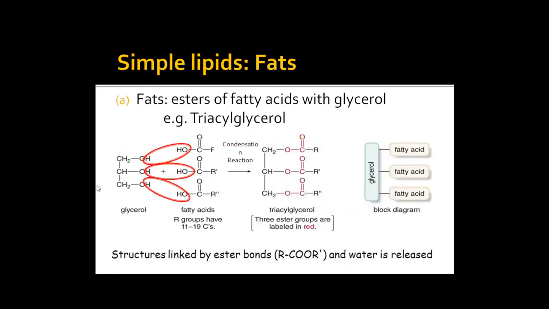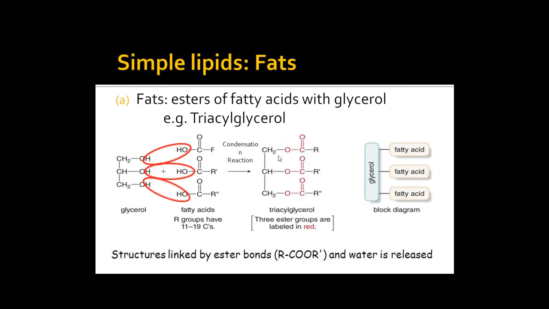So when ester formation occurs, the interaction occurs between one molecule of glycerol and 3 molecules of fatty acids. This is one molecule, this is the second molecule, and this is the third molecule. What happens? OH from the fatty acid and hydrogen from the glycerol are released, giving rise to 3 molecules of water.